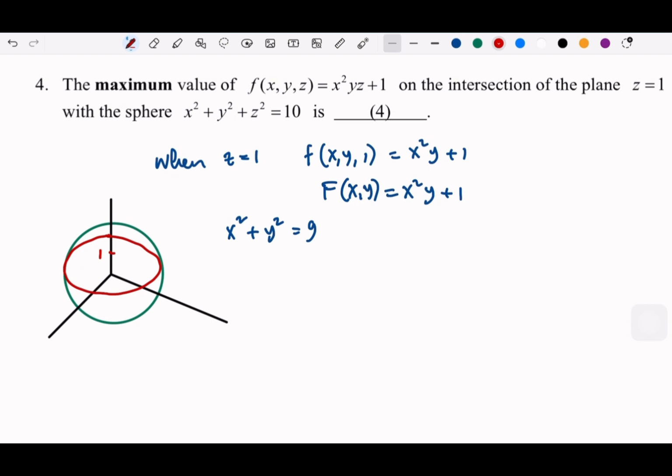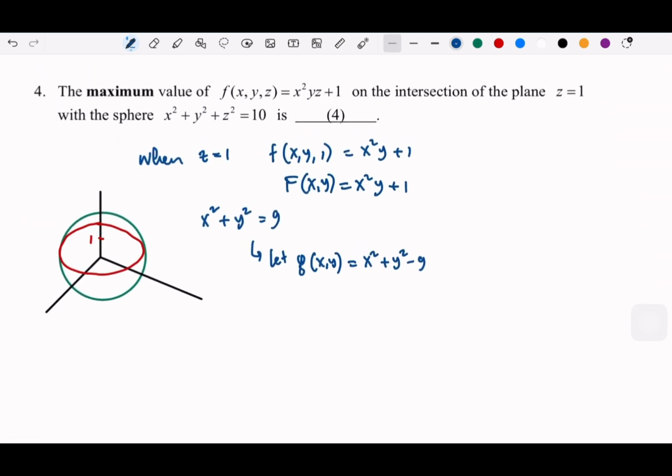So take Lagrange, then we can let another function, let's say g, a constant doesn't matter, but I will just put this minus 9. Because if we take partials with respect to both x and y, the constant will be gone, right? So it doesn't really matter. So we can take the Lagrange, using the del.